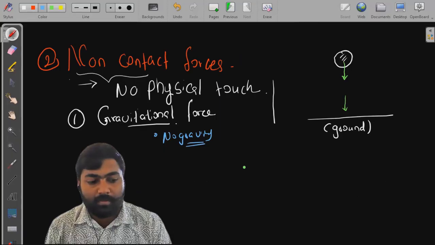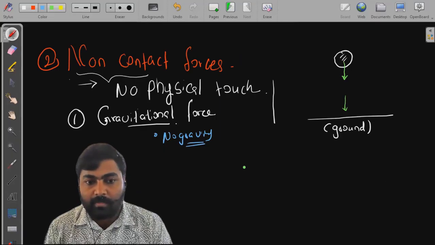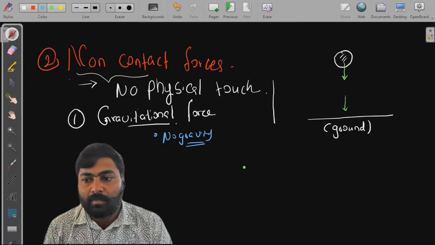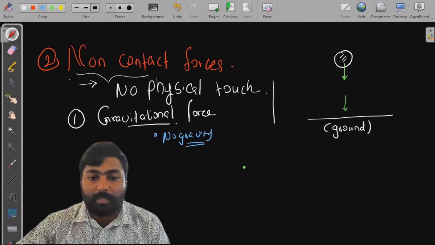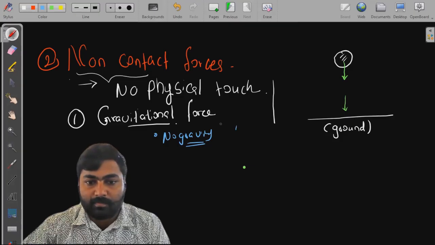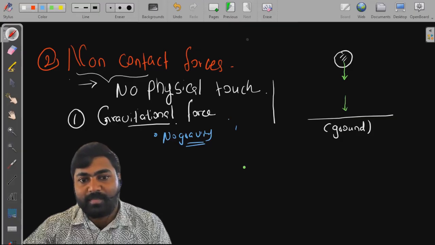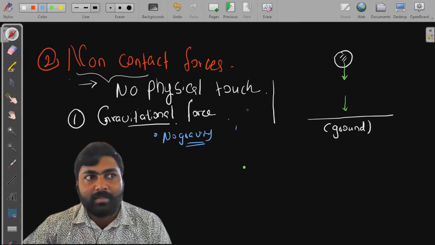Actually, before they go to space, astronauts get special training, because from birth we have been dealing with gravitational force. Once they move into space, they cannot deal without gravitational force, so they should have special training before moving to space. After they come back to Earth, again they have to face special training because they have lived several months or several years without gravitational force.